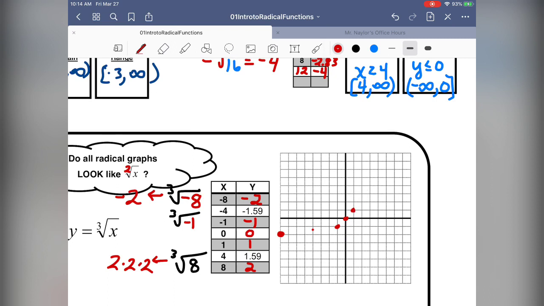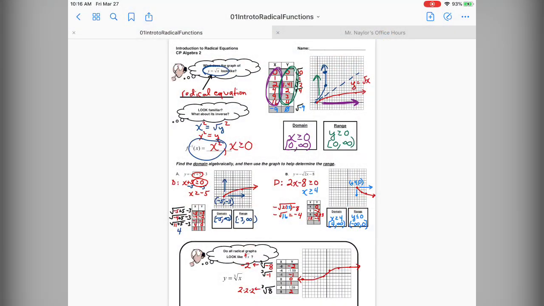It has 2 sides, and both those sides, when connected, will make a cube root graph. And so it's similar to the square root graph, but again, we have 2 sides because we're able to do the negative x values.